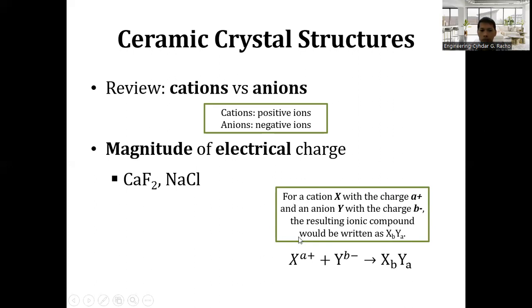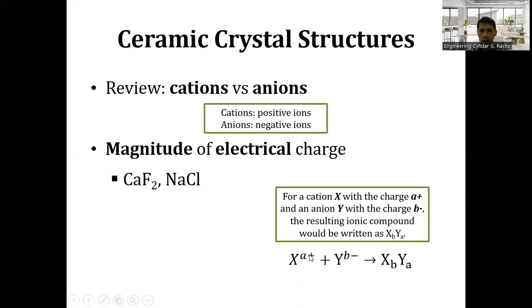So we have, say, cation X with a charge of A plus. Then you have your anion Y with a charge of B minus. So notice that you just need to copy the charge and make it your subscript.